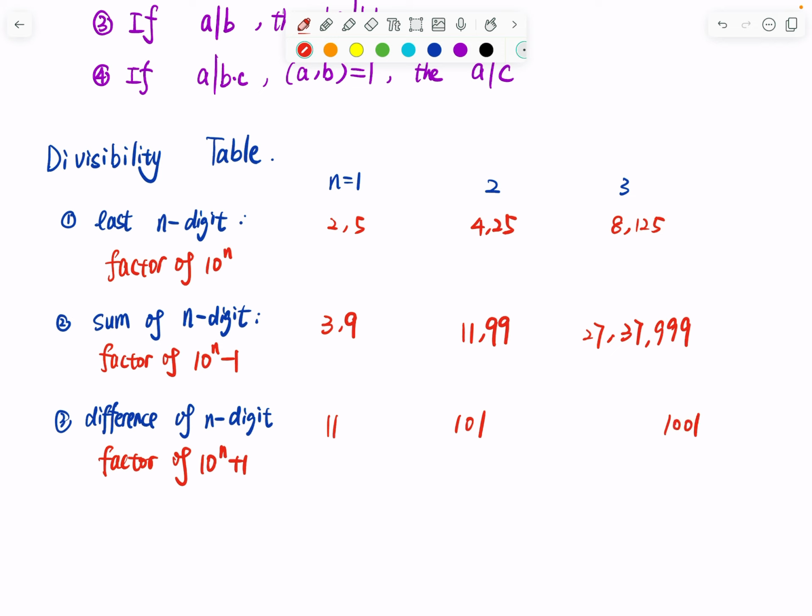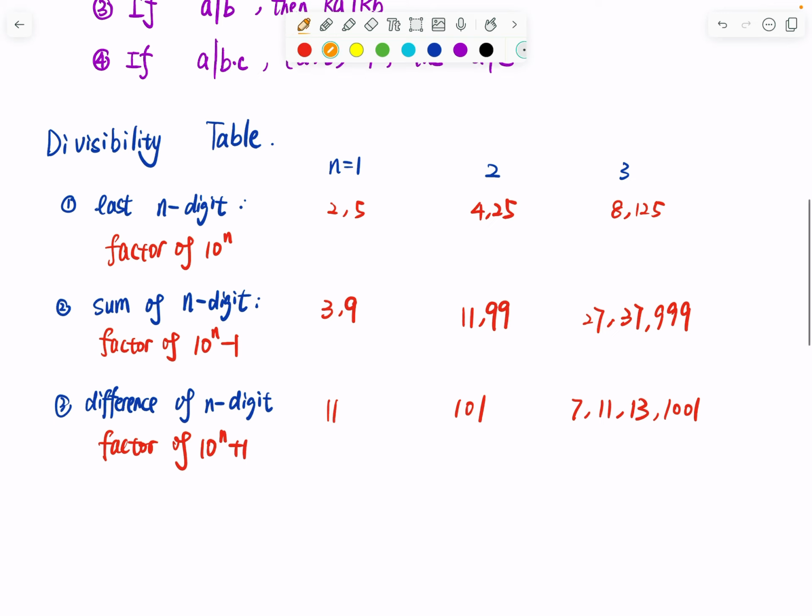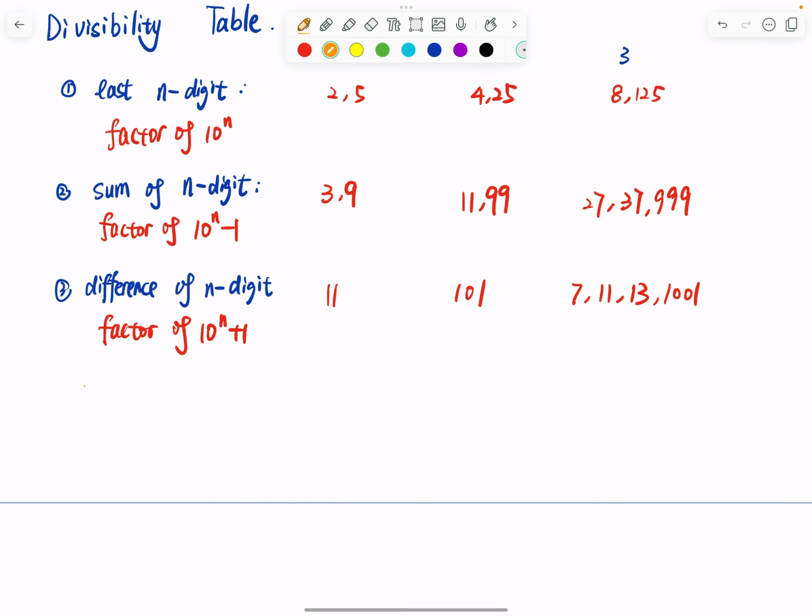Be careful, 1001 can be separated into 7 times 11 times 13. So 7, 11, and 13 can use the same method. How do we make sure whether we can use this number or not? I will show you two very easy examples that you can prove. For example, 25.